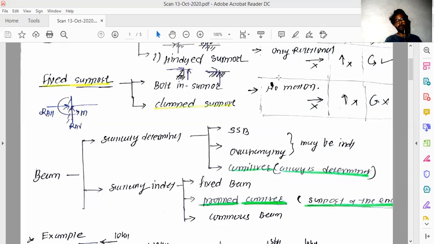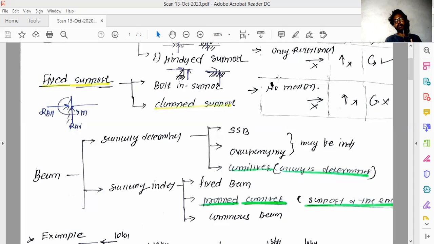If you come to the statically indeterminate kind of beam, the fixed beam comes into play, because in a fixed beam both ends are fixed. If it is fixed, two moments and unknown forces are added, and definitely it is a statically indeterminate beam.